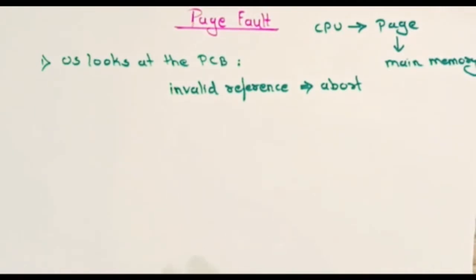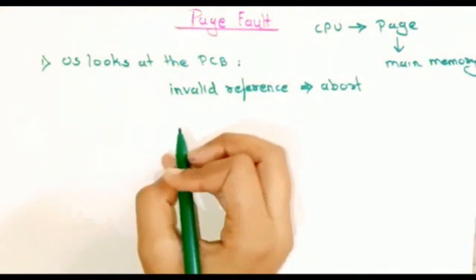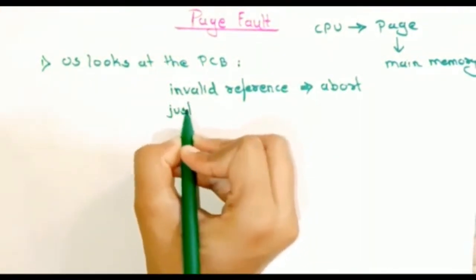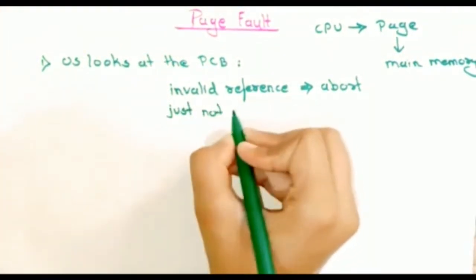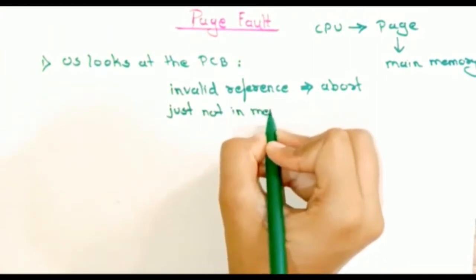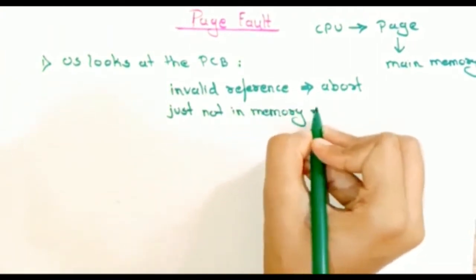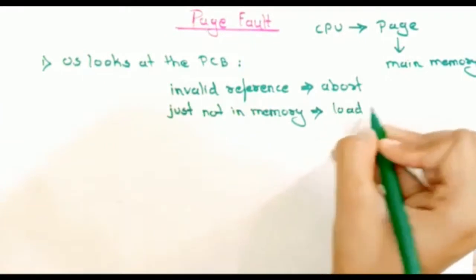Else, if the page is not present in the main memory, then it loads the page, meaning it takes the page from the secondary memory and stores it into the main memory.